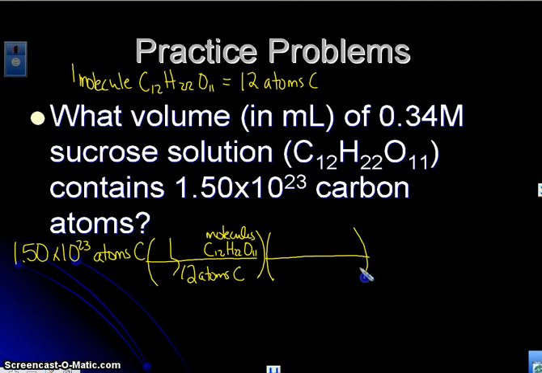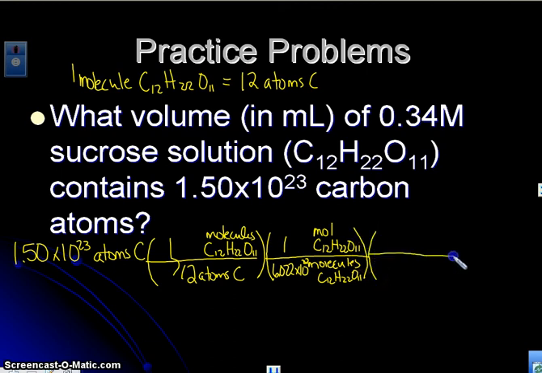So we want to go from molecules to moles, so we need molecules on the bottom to cancel. And we want to go to moles of sucrose. And we know that in 1 mole of anything, there are Avogadro's number of particles. So 6.022 times 10 to the 23rd molecules of sucrose.